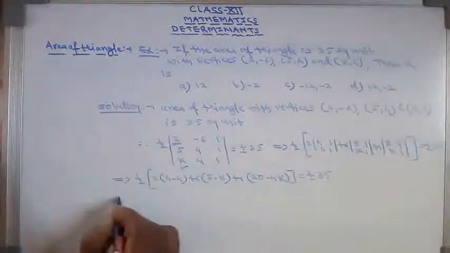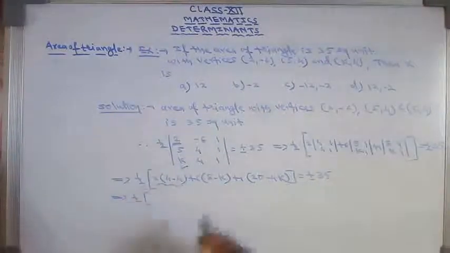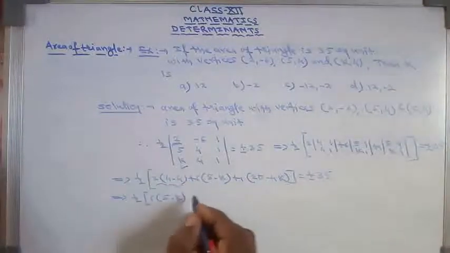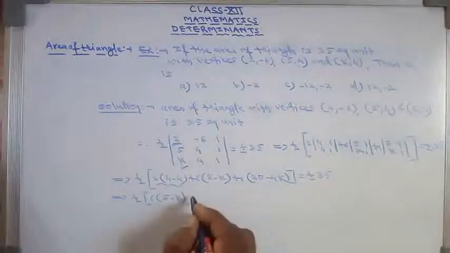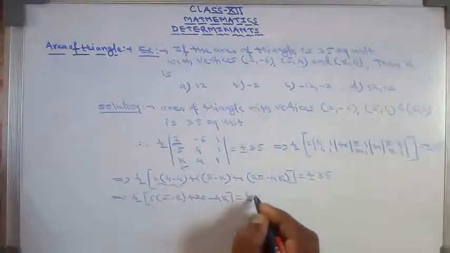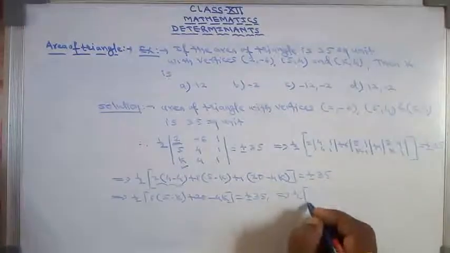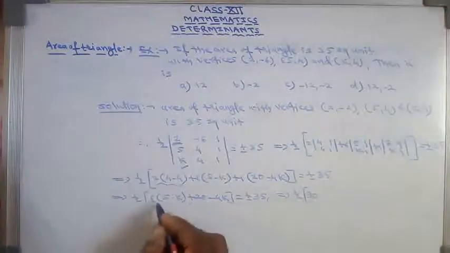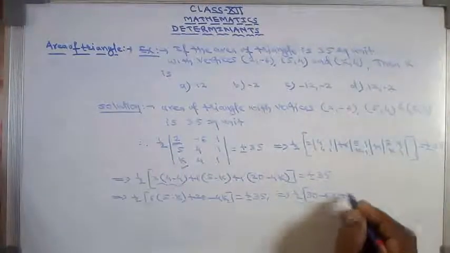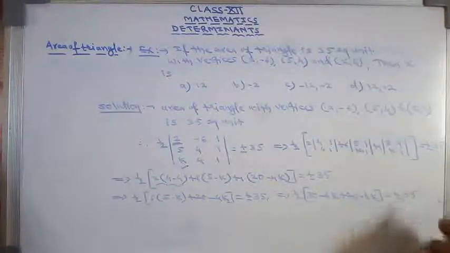So half into bracket, 4 minus 4 becomes 0, this is 6 into (5 minus k) plus (20 minus 4k) equals plus minus 35. Which implies half into (30 minus 6k plus 20 minus 4k) equal to plus minus 35.